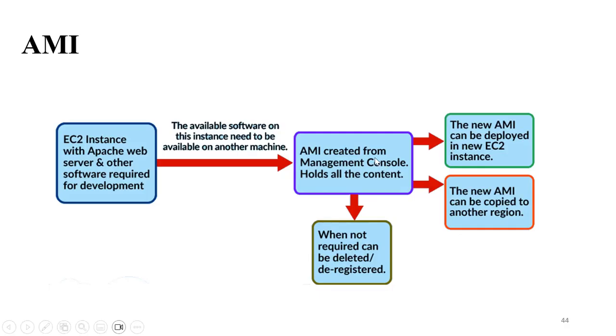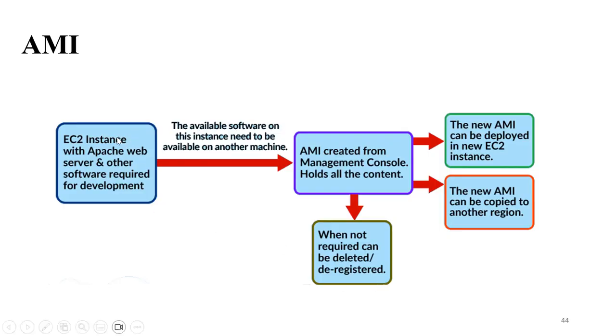Now once this AMI is available, the new AMI can be deployed in a new EC2 instance in the same region, or it can be copied to other regions, or if it is no longer required, the AMI can be deleted or deregistered.